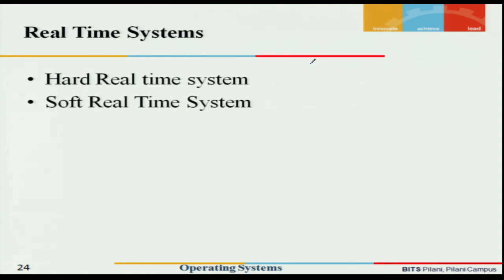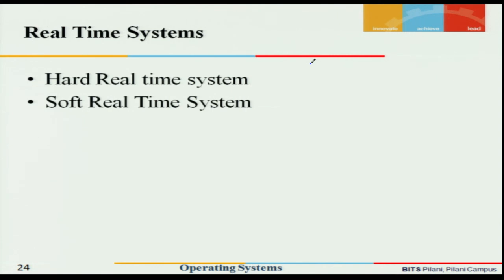Based on this, real-time systems are classified as hard real-time systems and soft real-time systems. Hard real-time systems are those where the deadline cannot be violated, whereas in a soft real-time system the specified deadlines can be violated. So these are the various types of systems prevalent in the market.